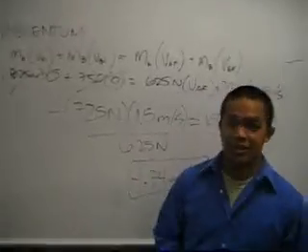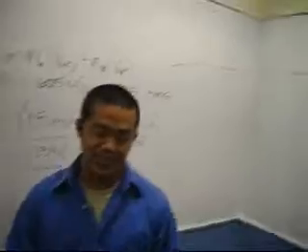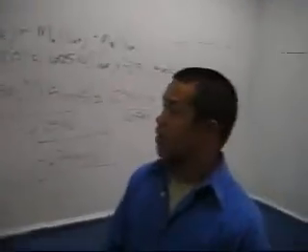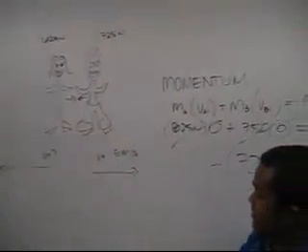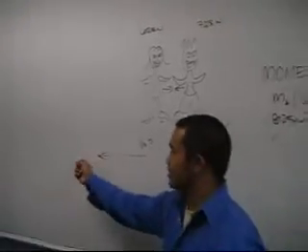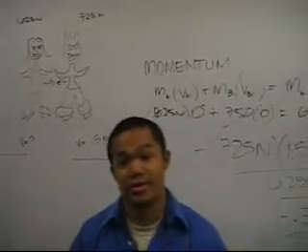Negative 1.74 meters per second. But Marlon, why is it negative? Well, if he's traveling in the positive direction, she must be traveling in the negative direction. So that explains the negative sign.